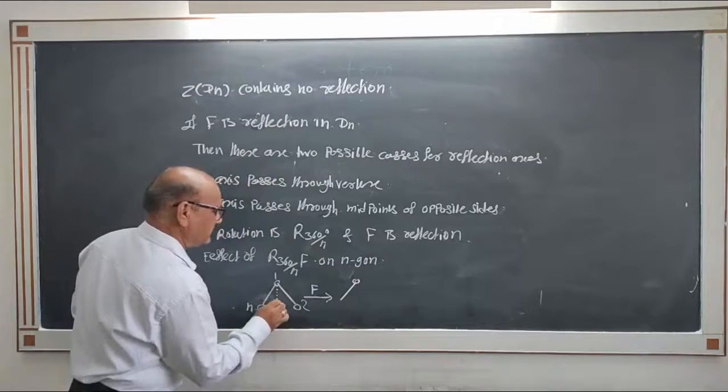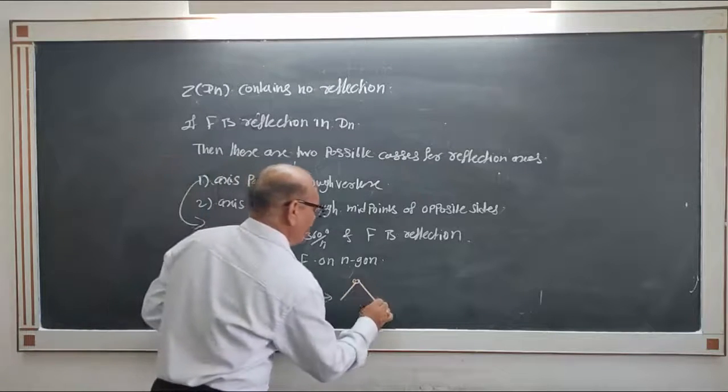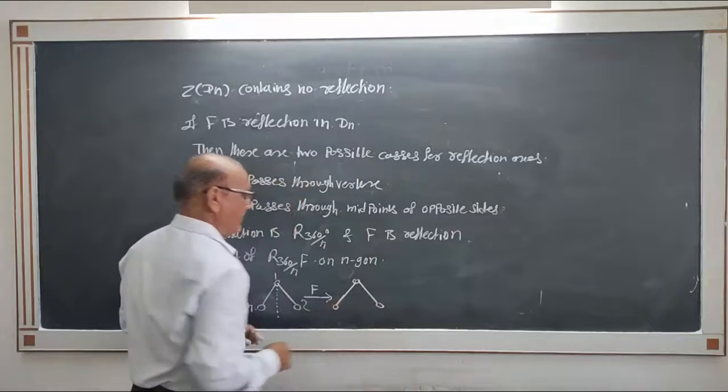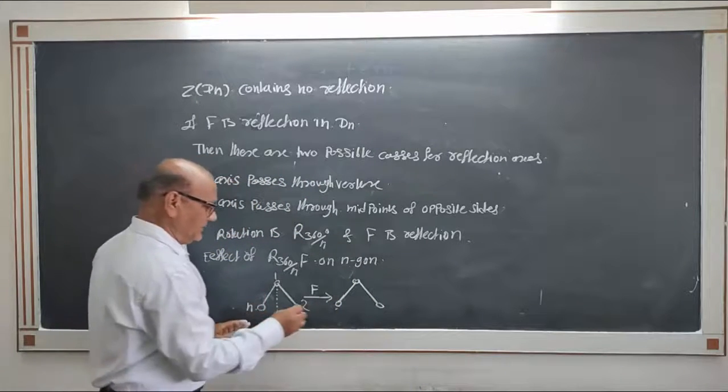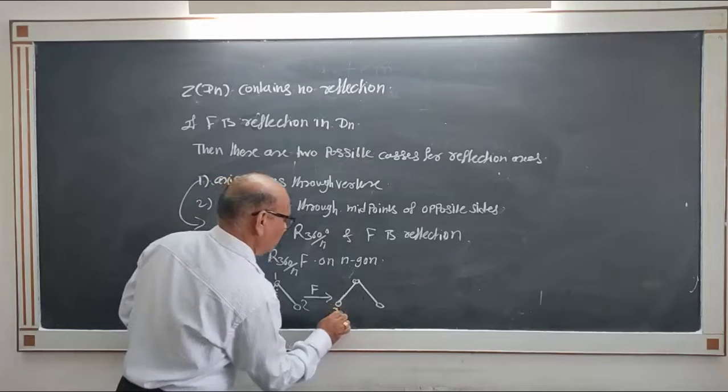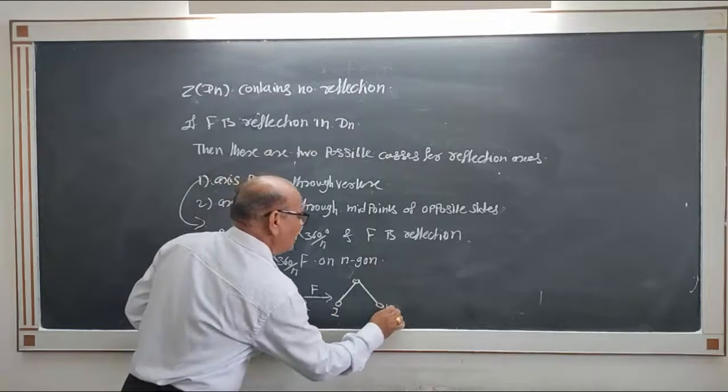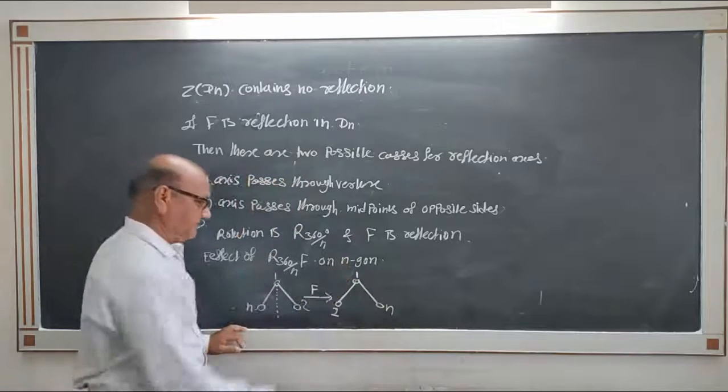This is the reflection axis. Reflection gives here 2, n, and 1 stays as it is.